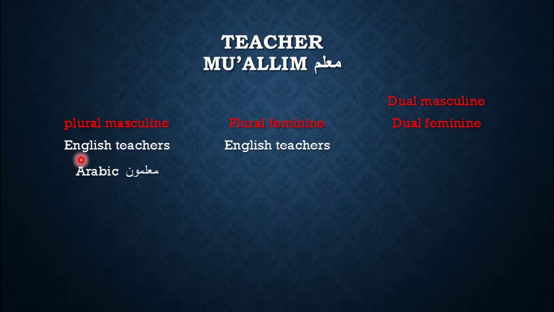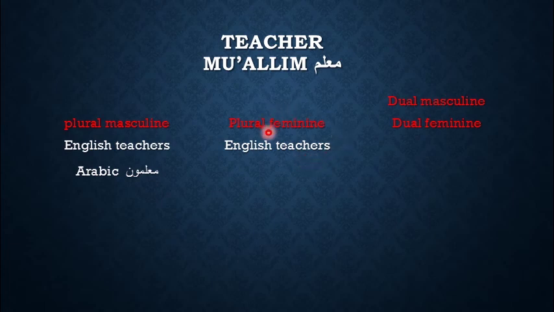What about the plural feminine? Again, the same, it would be teachers. You notice that whether it is plural masculine or feminine, they are exactly the same form. Teachers here and teachers there, right? What about Arabic? Would it be the same, muallimun, or would it be different?